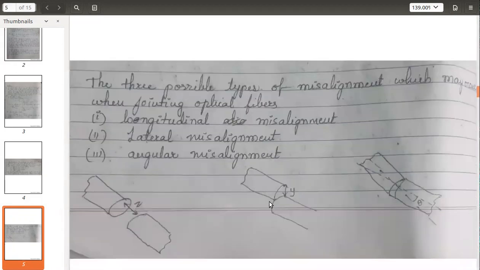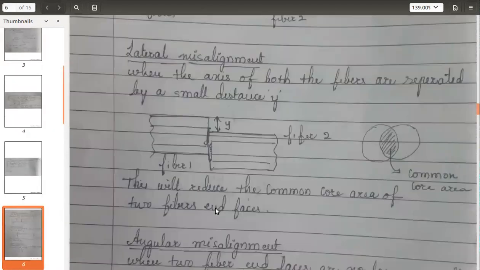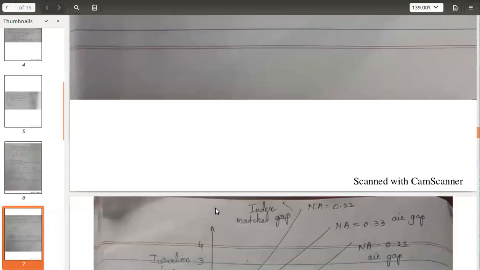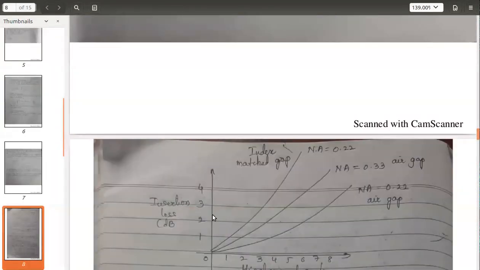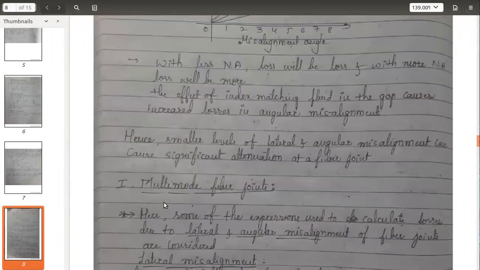We have seen these three different types of losses, and I have explained how the losses exist. As I told you, out of the three, in longitudinal the effect is too small compared to the remaining two, lateral and angular. So we have been discussing lateral and angular. In the previous session, we discussed the multi-mode fiber joints.